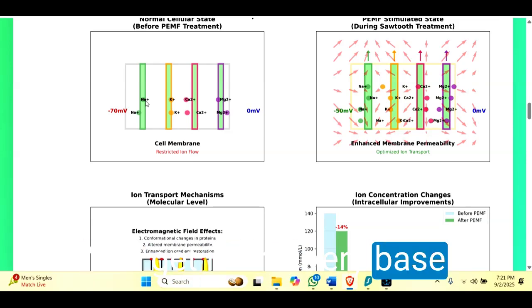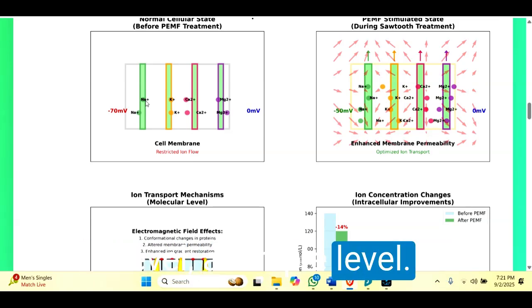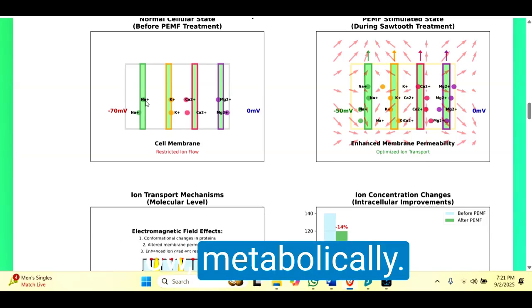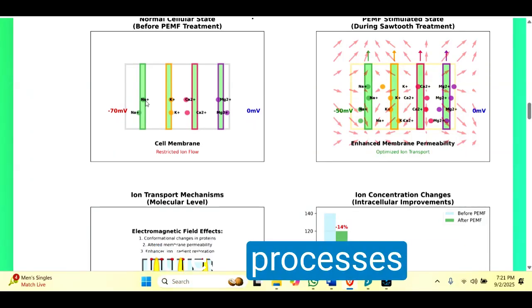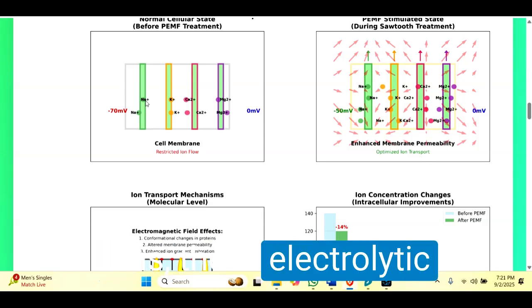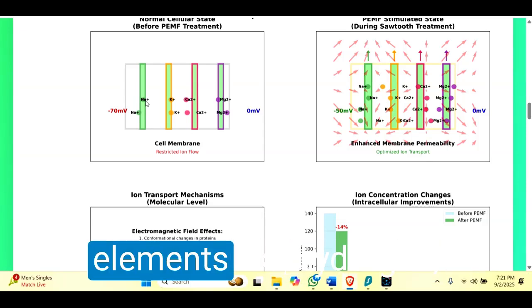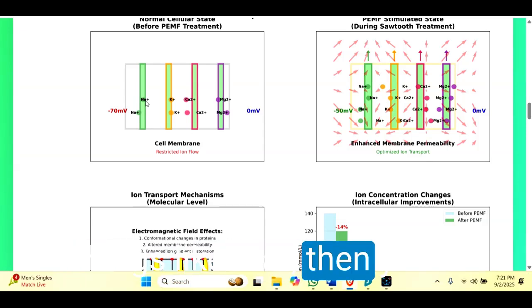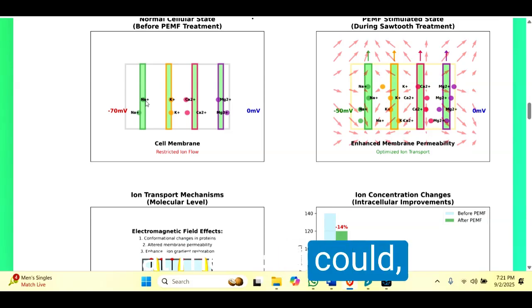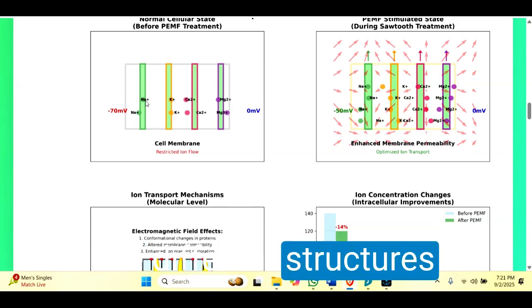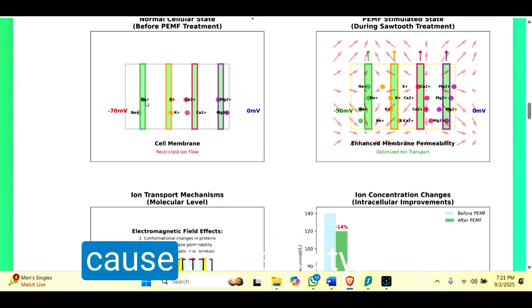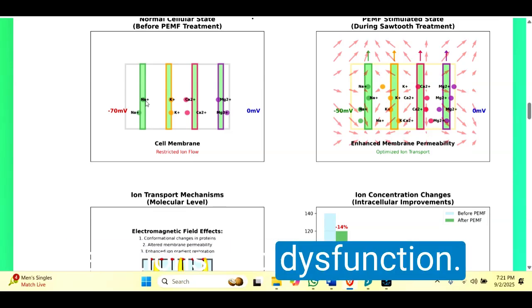On a very base level, it's not that simple, but on the level that we're describing right now, metabolically. If something interrupts the movement of these ions, these electrolytic minerals and other elements like hydrogen, then it could systemically cause the same types of reactions and dysfunction in all the other cells and structures throughout the body.